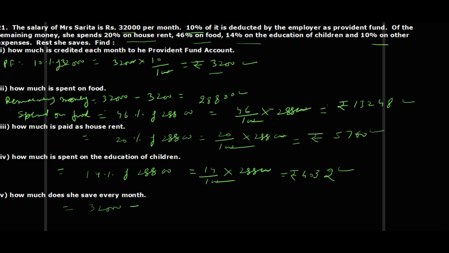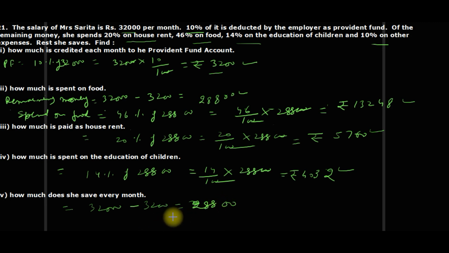Here it would be 32,000 minus 3,200, 28,800. I will make it more easy for you.